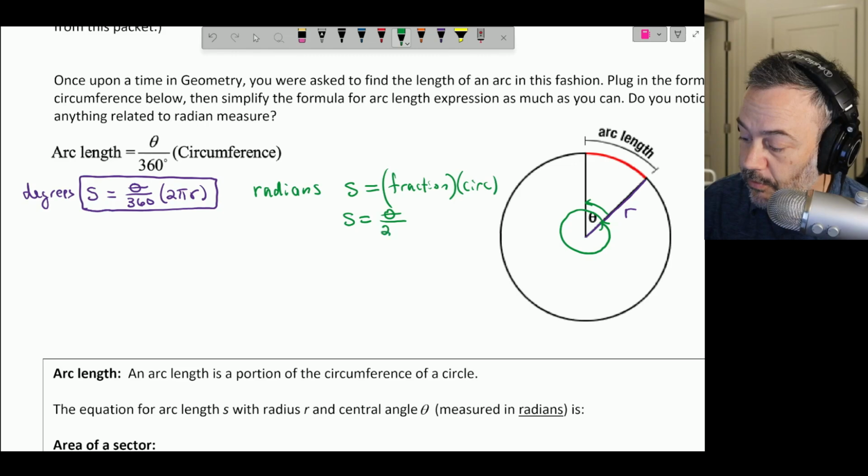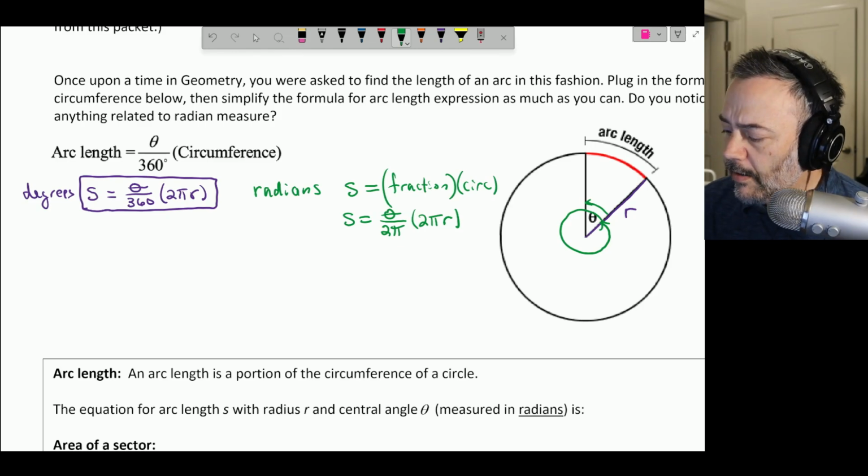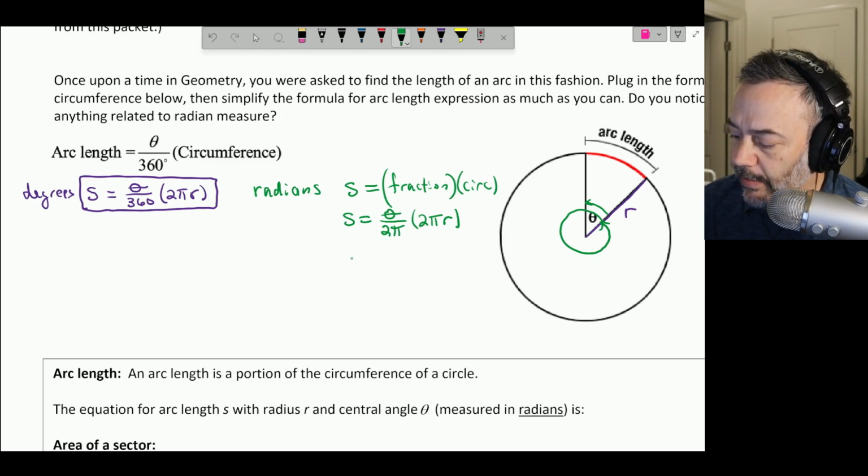A complete circle is 2 pi. Well, the circumference is 2 pi r, and you can see that when we have the formula in radians, the 2 pi cancels, and the arc length formula is theta times r.